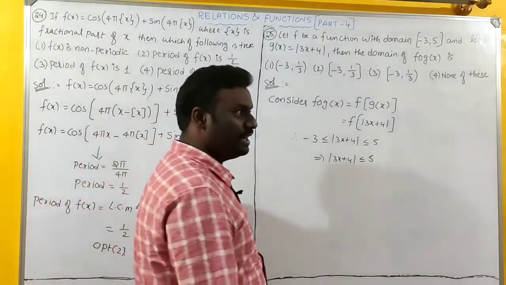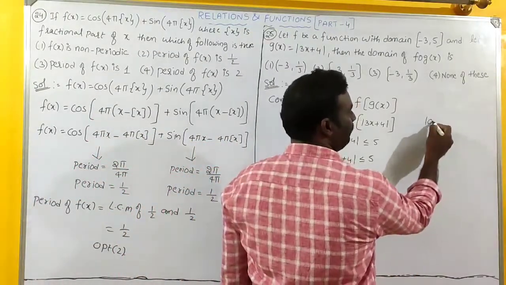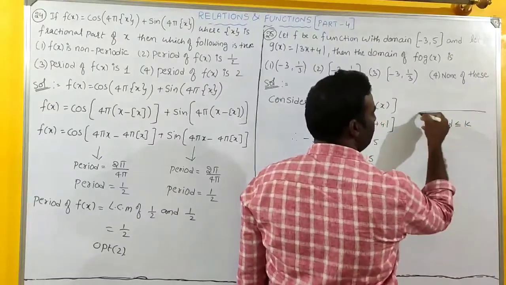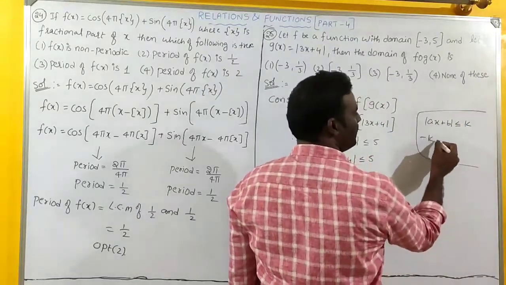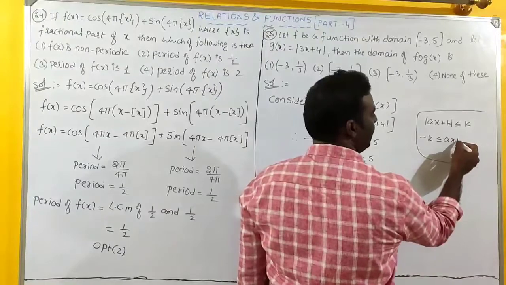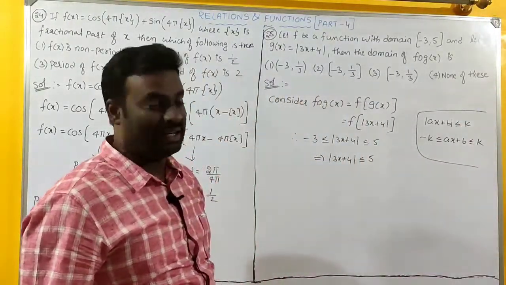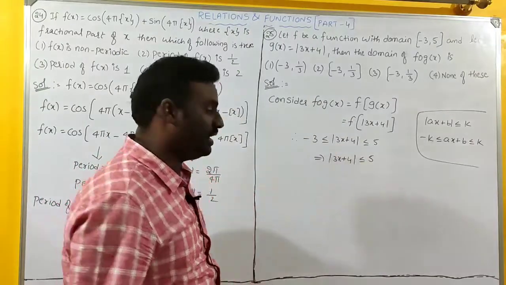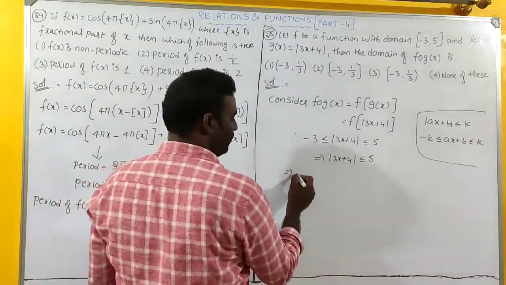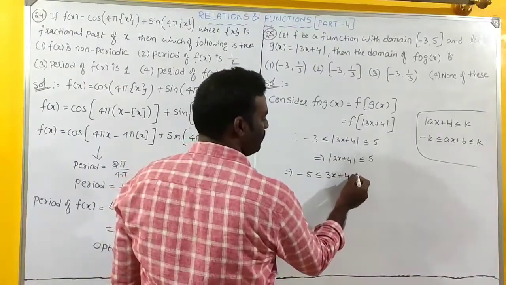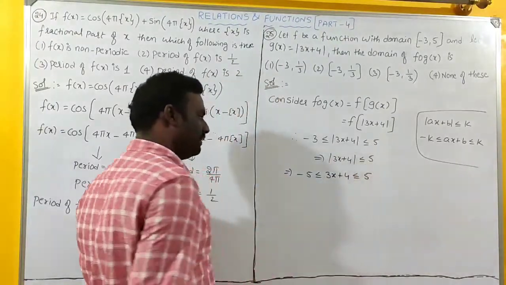In linear inequalities, first PUC, if mod ax plus b is less than or equal to k, then how to write? Minus k less than or equal to ax plus b less than or equal to plus k. Same concept I am applying. In place of k, what we have? 5. That implies minus 5 less than or equal to 3x plus 4 less than or equal to plus 5.